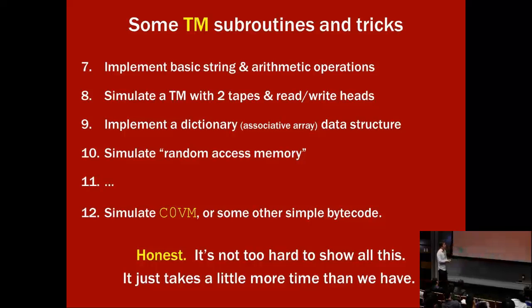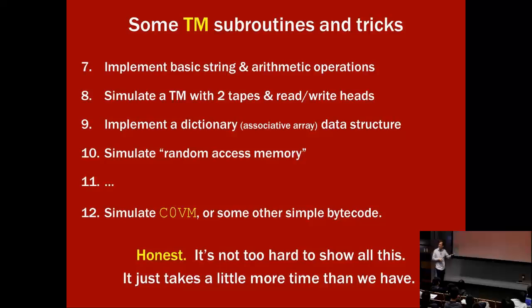This is a powerful one. You can actually simulate a Turing machine with 2 tapes by maybe interleaving the tapes. You can implement a dictionary data structure by appropriately copying strings around. With this, you can simulate random access memory.